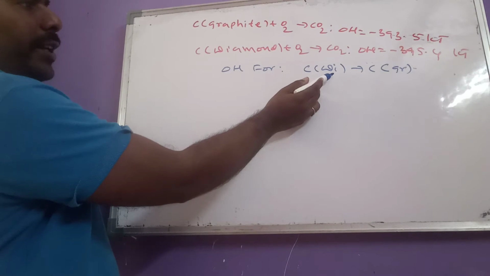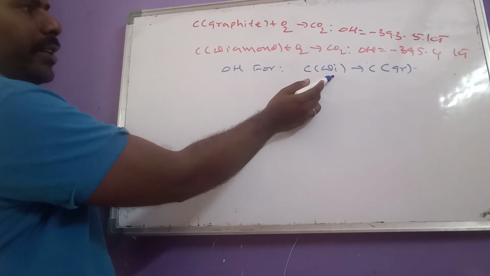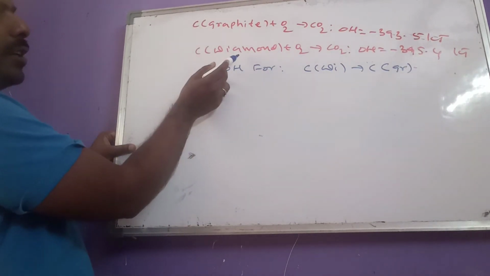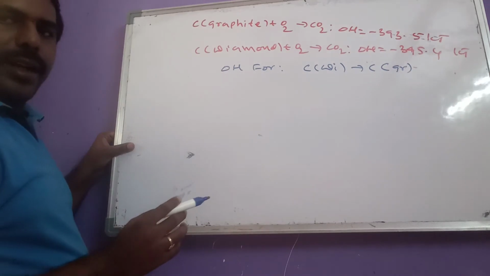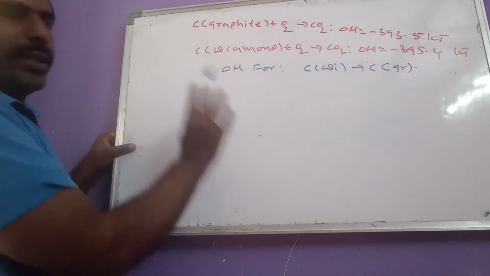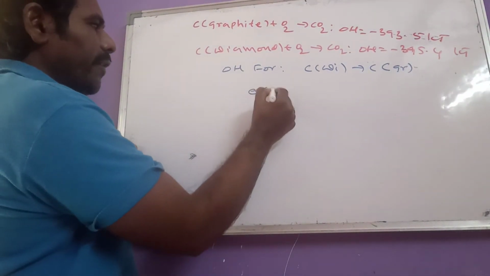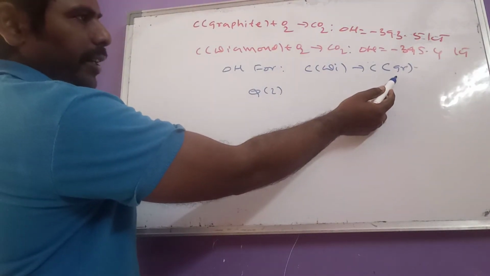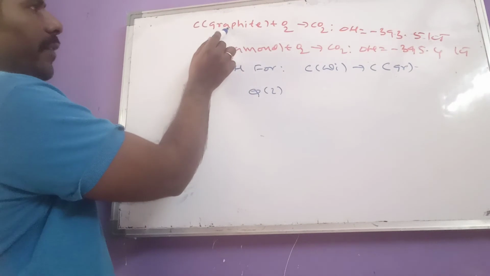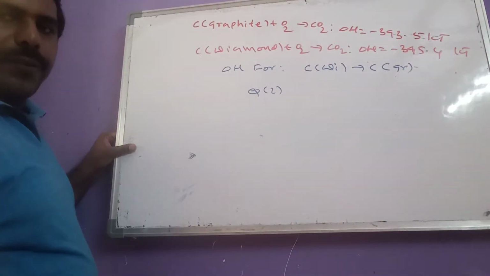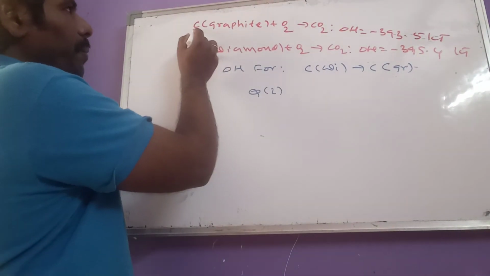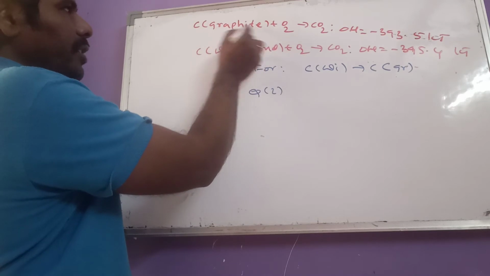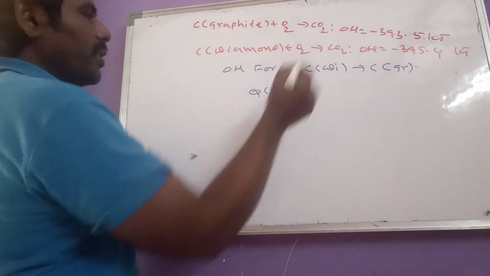In the required equation, diamond is present in left hand side. In the given equation also, diamond is present in left hand side. So don't disturb that equation. Write as it is, equation 2. In the required equation, graphite is present in right hand side, but in the given equation, graphite is present in left hand side. So by subtracting the first equation, this graphite moves towards right hand side.